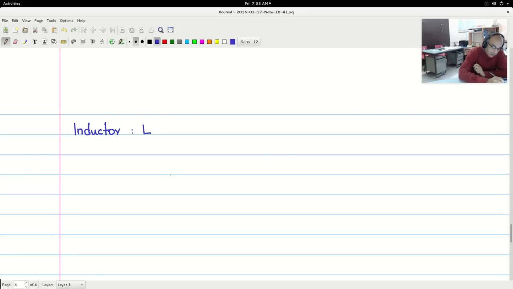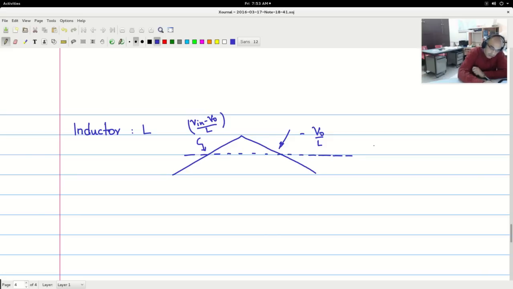So we know that in the case of the inductor current, it is rising at the rate of V in minus V naught by L, and then it is falling at the rate of minus V naught by L. This is so for the case of the buck converter, where the average value of the inductor current is I naught.